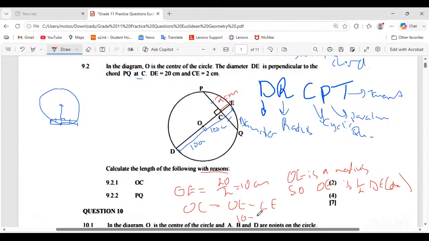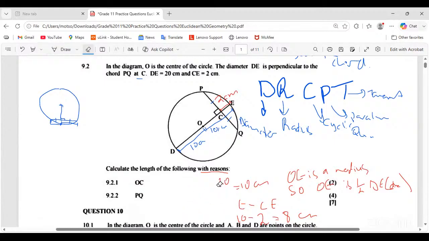What is CE? CE is 2 centimeters. Then I get 8 centimeters as the length of OC. Just like that. I hope it makes sense. So I will erase this just to use this white space to answer also the next question. I hope you guys get that.